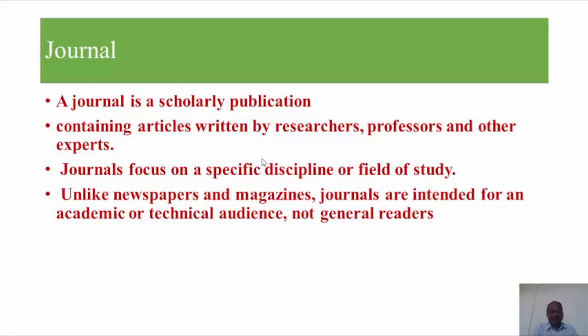There are some dedicated journals for political science. They only contain articles from political science. They will not contain articles from physics or chemistry or from other studies. There are journals in Hindi also, in Marathi also. So characteristic of journal is it is intended for an academic or technical audience. General readers are not there.